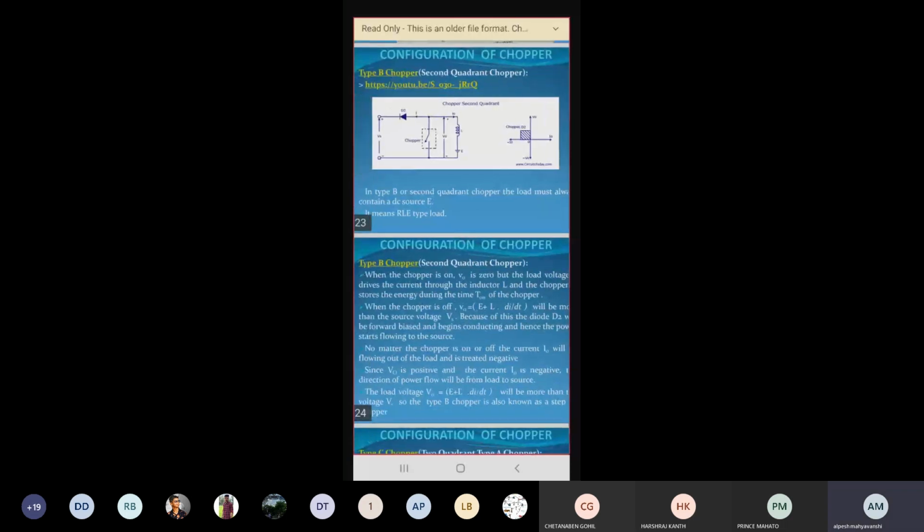Whatever voltage is available in this RLE load drives the current through this chopper. So current is flowing from E to L to chopper, and once again it reaches E. So the energy is stored in the inductor during T on time period.